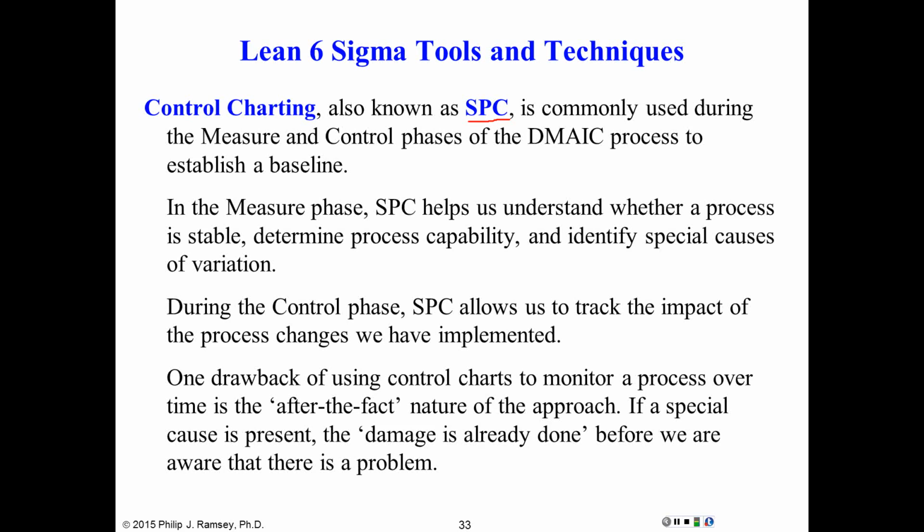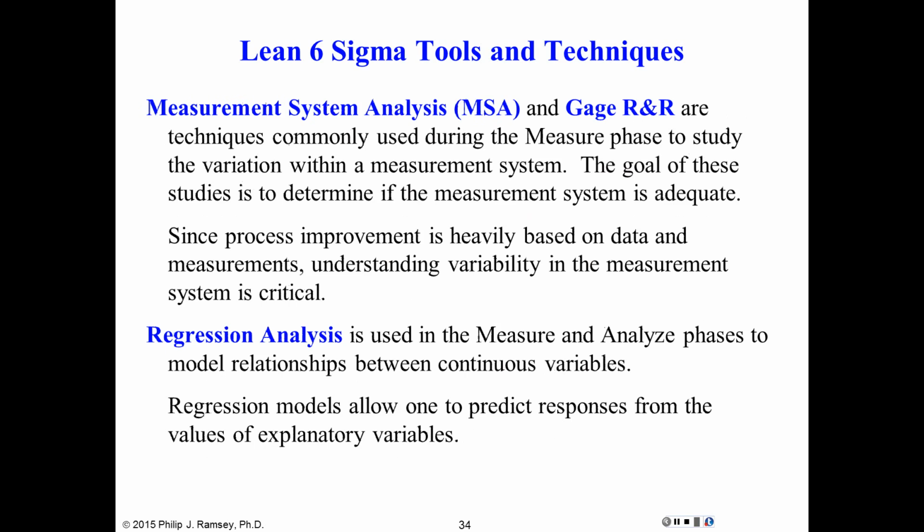We use what's called control charting to monitor the process. You'll see more of this in the next few sections, but I just wanted to introduce the idea. We'll also talk about measurement systems analysis. Never assume the measurements that are available or the quality of the data is acceptable. It needs to be evaluated.